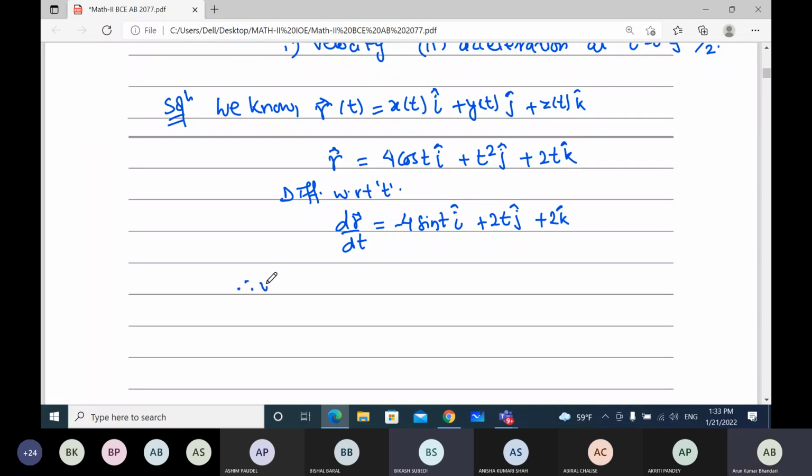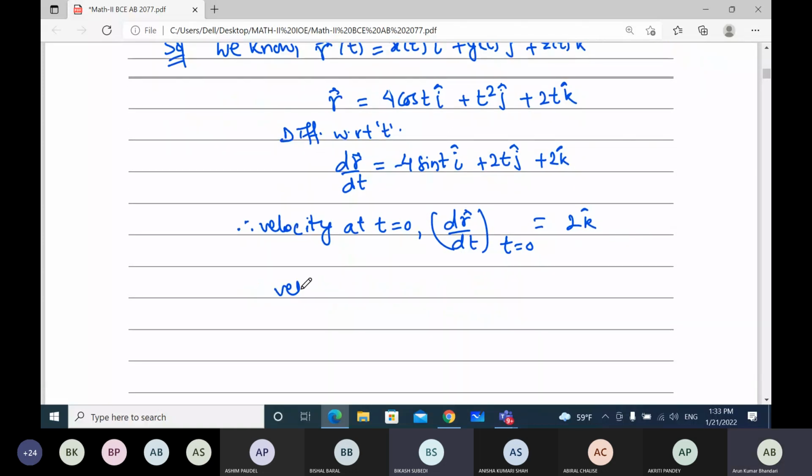Therefore, velocity at t equals 0 is dr by dt at t equals 0, which is sine 0 is 0, and just 2k. And velocity at t equals pi by 2 is dr by dt at t equals pi by 2.